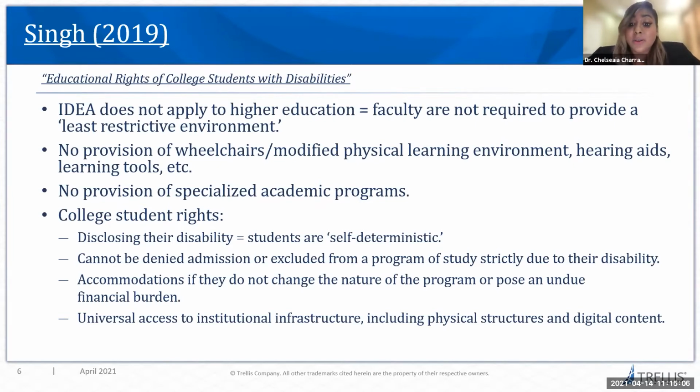So it's important to note that in college, there's just a larger number of disability categories that need to be accommodated for. Now, this article specifically mentioned that in higher education, there's difficulty with the provision of wheelchairs, modified physical learning environments, hearing aids, different learning tools.